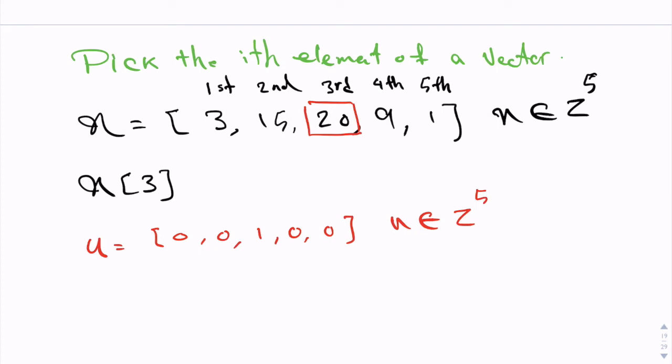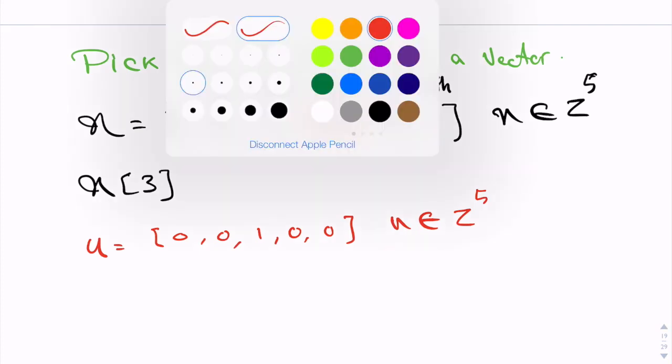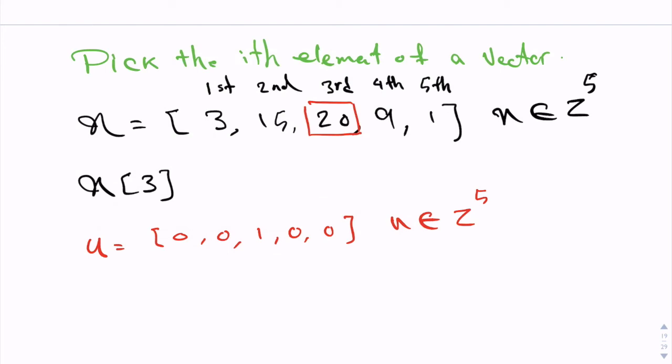And then if I do the dot product of x and u, what is this dot product? It's 0 times 3, element by element.